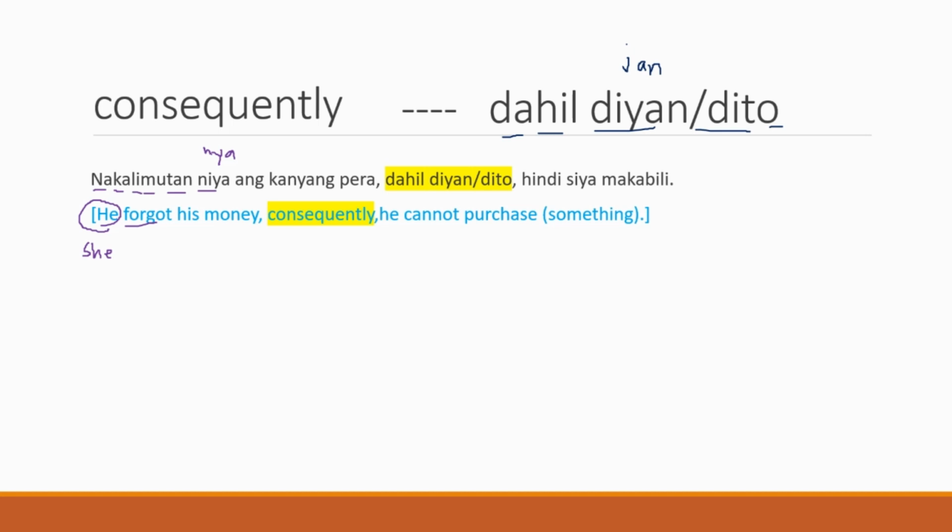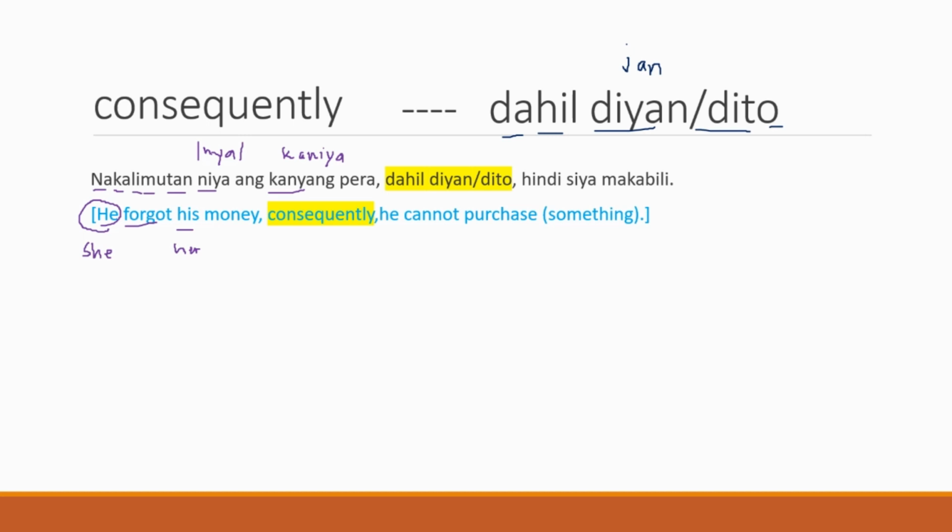Ang kaniyang pera. Kanya is another pronoun for his or her. This word kanyang came from the root word kaniya. Ka-ni-ya. But it is pronounced like ka plus niya.